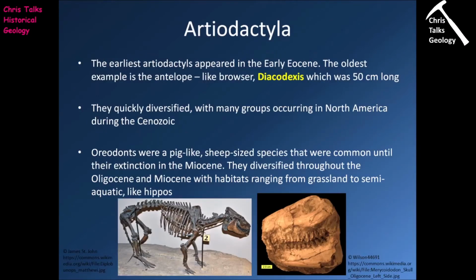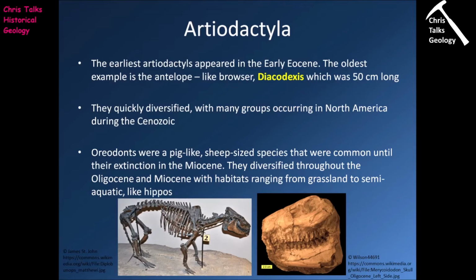So let's spend some time looking at the Artiodactyla. The earliest Artiodactyla appear in the early Eocene. The oldest example is an antelope-like browser called Diacodexis, and it was about 50 centimeters long, and it's actually quite an interesting animal. Although we classify it as a member of the even-toed ungulates, it actually had 5 toes on each foot.